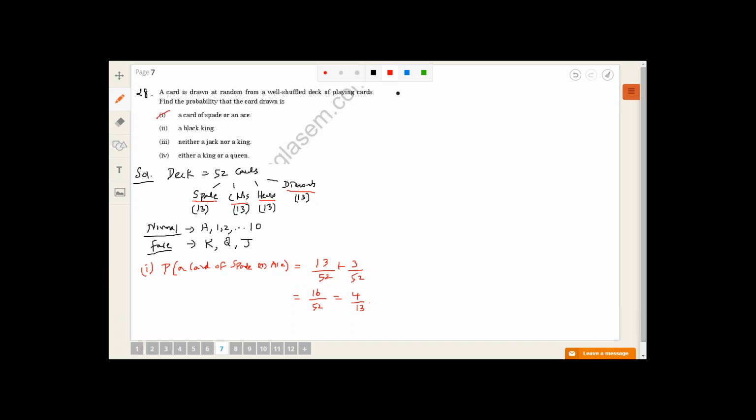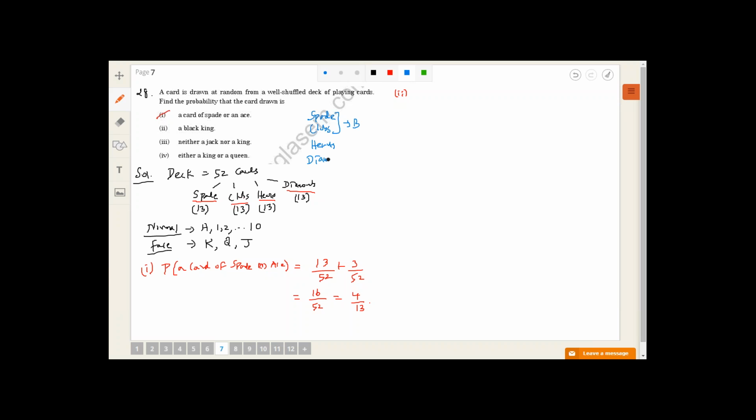Now second part. A black king. There are actually 4 kings because there are 4 groups, there will be 4 face cards. But when it comes to black, spade and clubs are black in color.